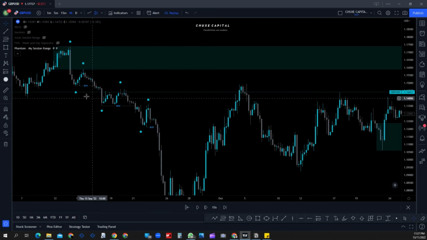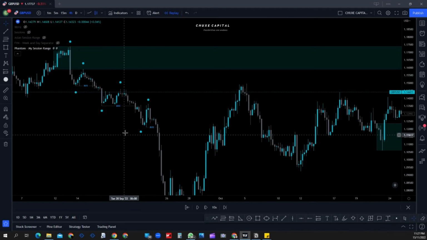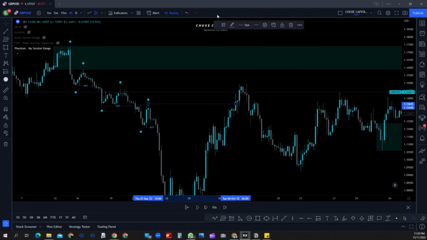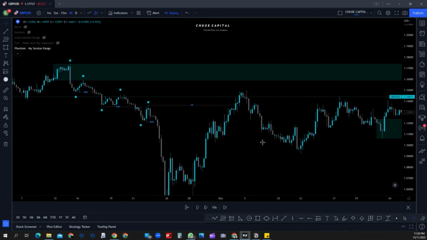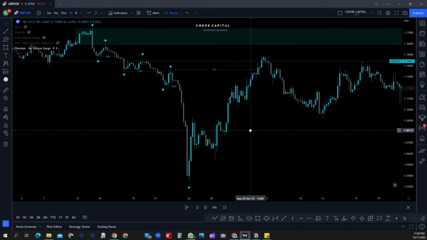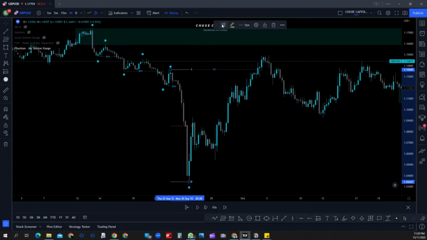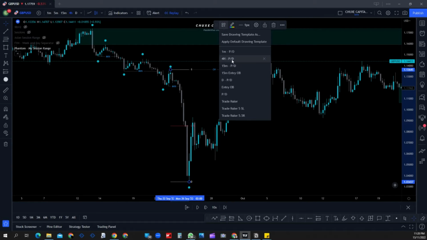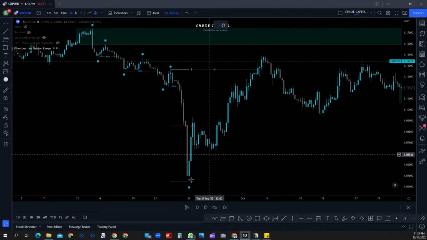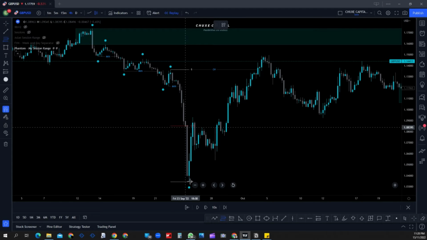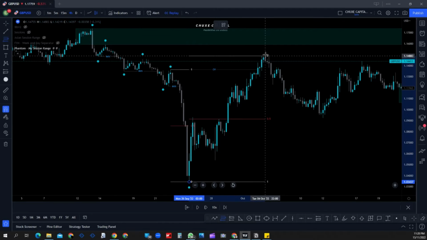Then we had a chalk here. So this was the last range close for our range. Then internal structure, and then we had this new range here.